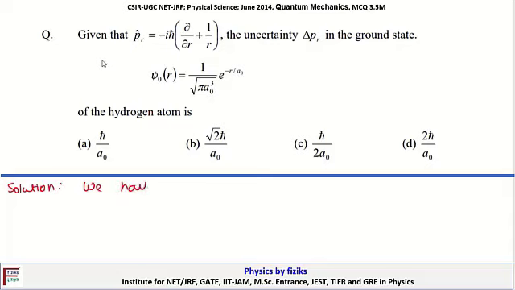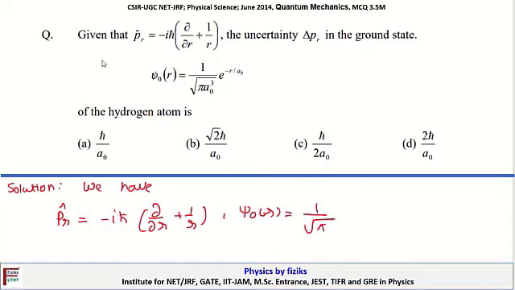We have P_r equals minus iħ (∂/∂r plus 1/r) acting on ψ₀(r) equals 1 by root πa₀³ e to the power minus r by a₀.